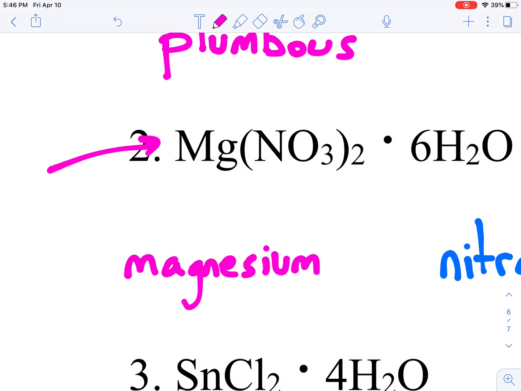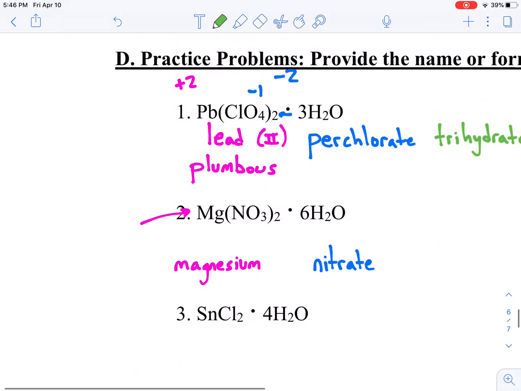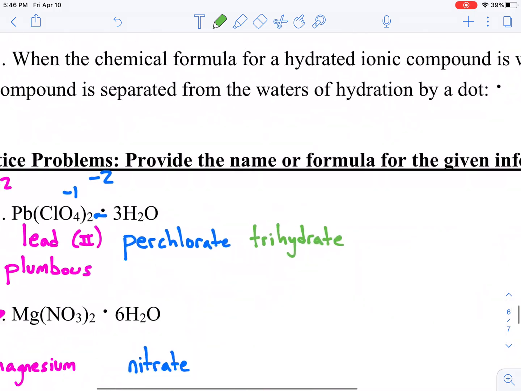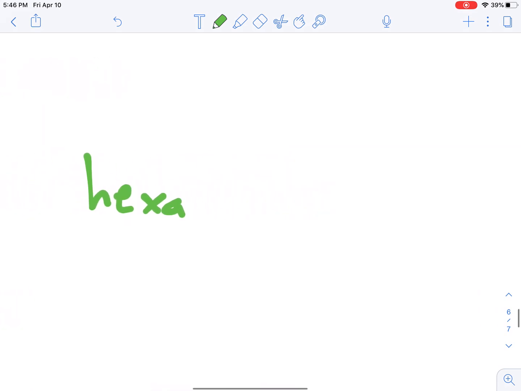In fact, if we put Roman numeral 2, we would be incorrect. Don't do it, that's not good. Okay, so we've got our thing named, it's magnesium nitrate, and now all that's left is to name our hydrate. The prefix for 6, if you find it up here, is hexa. So we have magnesium nitrate hexahydrate.